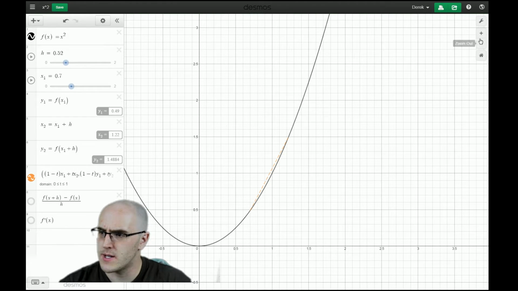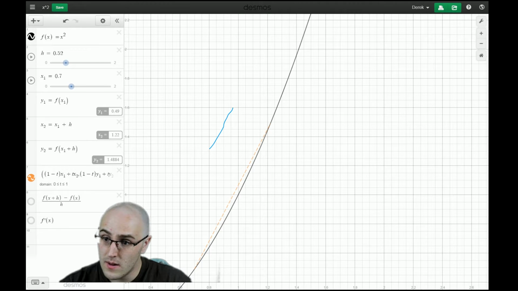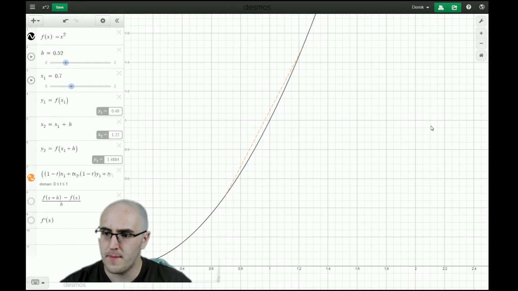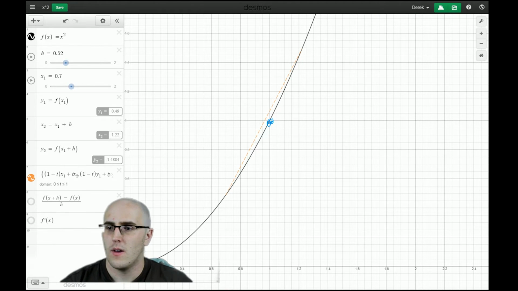Let me zoom in so you can see what I'm doing. Oops, didn't mean to do that. So where is our 1? Okay, here's our 1. So we are interested in this point right here. So we want to keep bringing this closer and closer, bringing our x value up and our h value down.